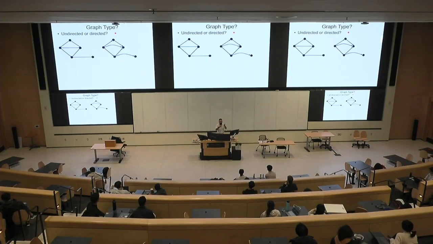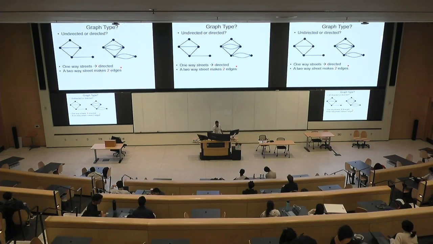Yes, we can connect them with two arrows. So one-ways will have only one edge, and two-ways will have two edges. But to make it more efficient, we're going to make it kind of an undirected graph, and we're just going to add a tag to that edge saying that it is a one-way, so that the user of the code will know that this is not a two-way street.